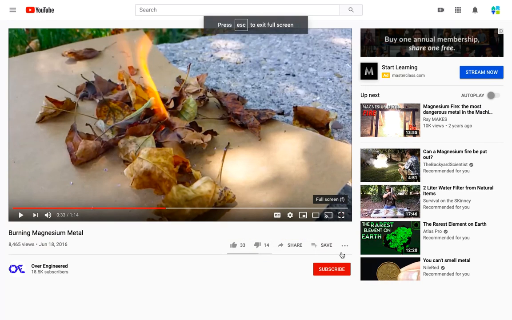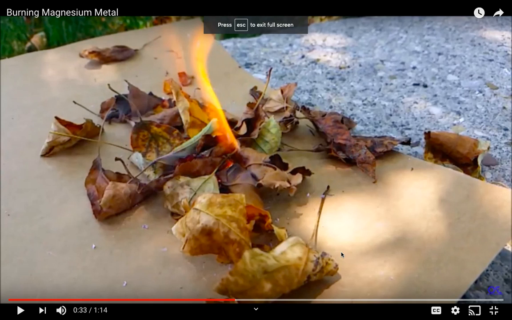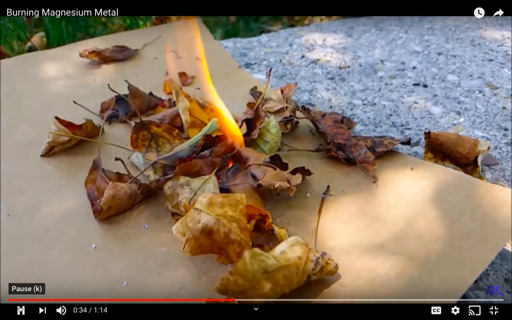One of the things that I really need you guys to remember is when you're burning magnesium, one of the pointers that we said was you cannot look directly at it. The flame gets so bright that it will literally blind you for a moment. So if we were doing this in the lab or at school, you would have had to, number one, have your safety goggles on, and we would not look directly at it. But this is what magnesium burning looks like.